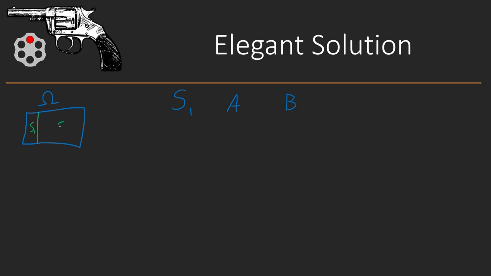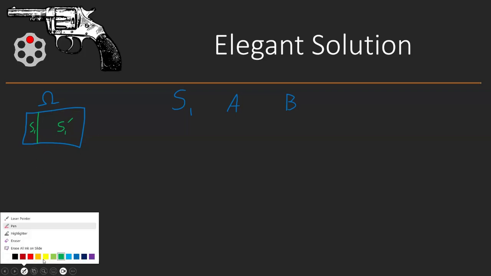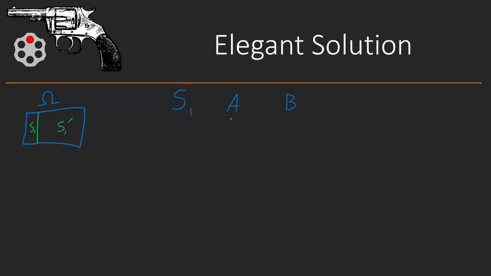And we can just say that the remaining part here is just S1 conjugate. Of course, the event plus its conjugate is the whole sample space and they're mutually exclusive, so it has the same nice properties as before. Then we look into A and B. I'll take some colors here to illustrate it. So let's say that A is red.